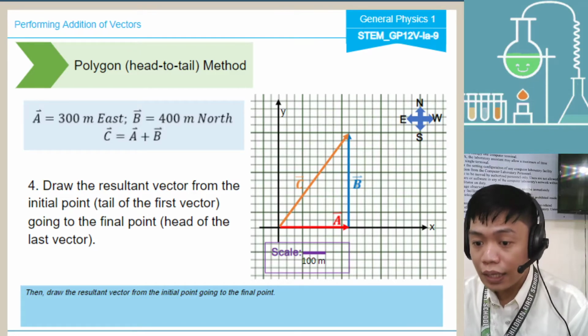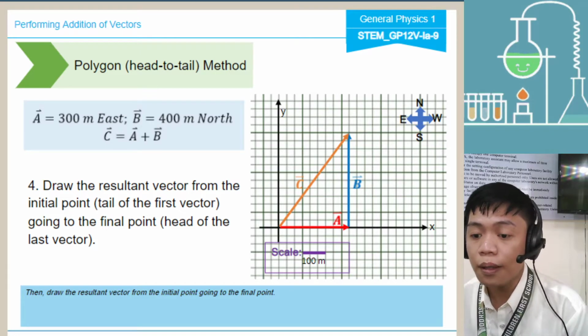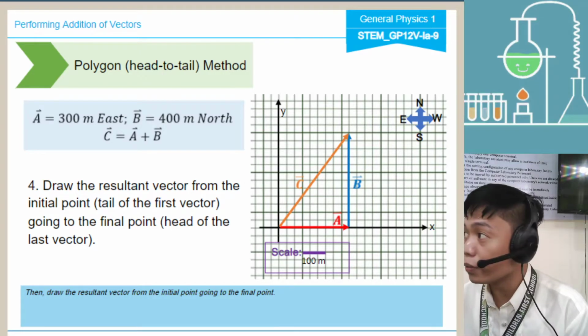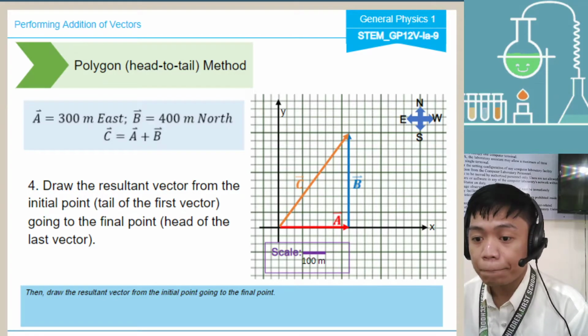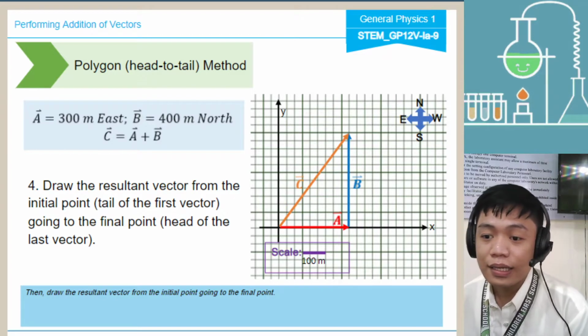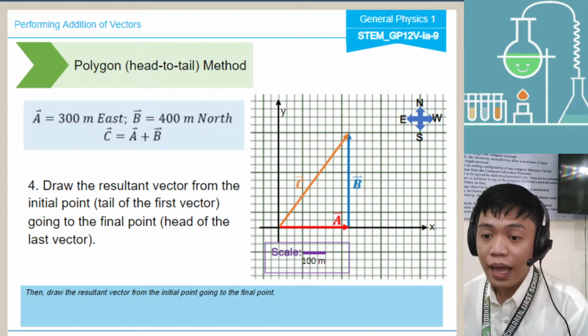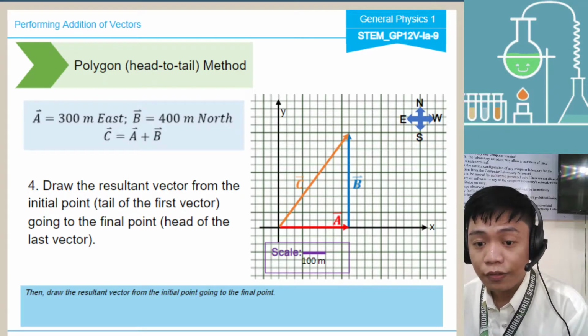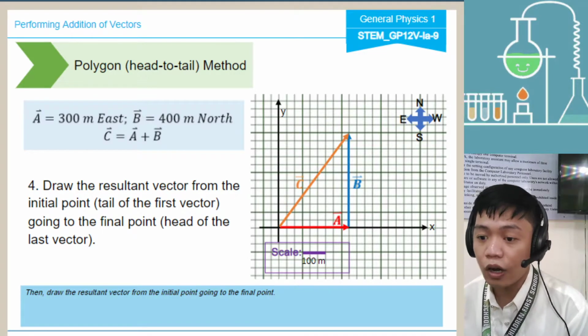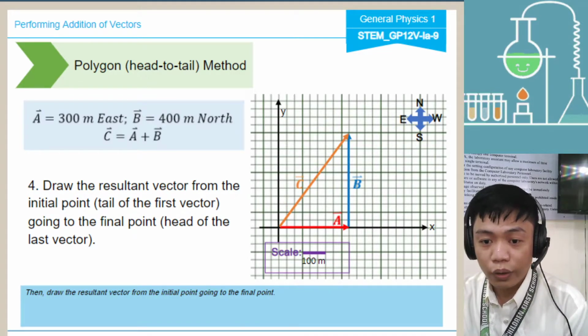As you can see in the illustration, red is our first vector, the blue arrow is our second vector or the B vector, and the resultant vector would be the orange arrow that connects the tail of the first vector and the head of the last vector.